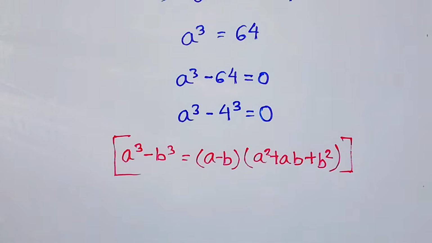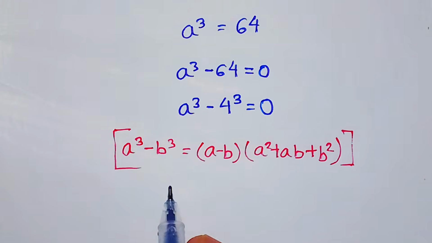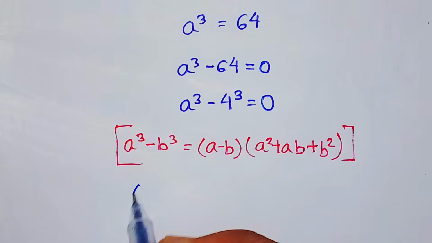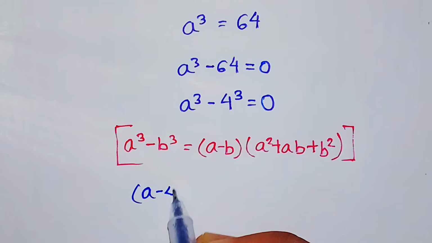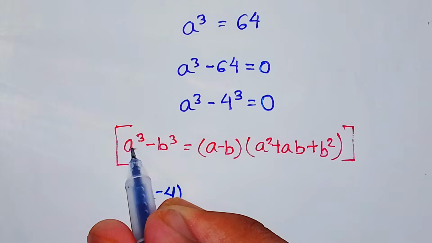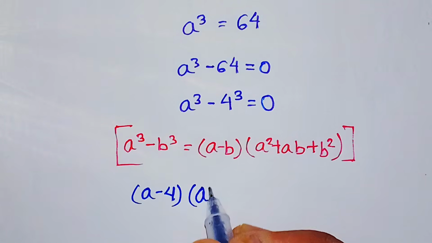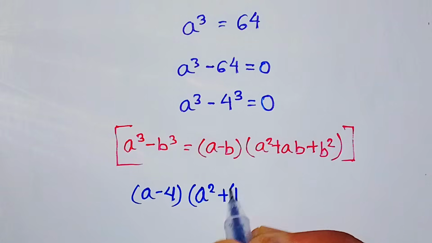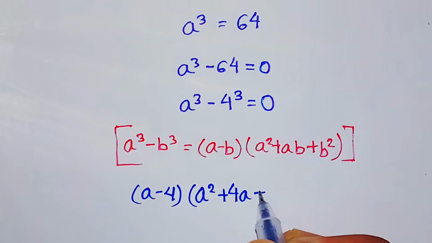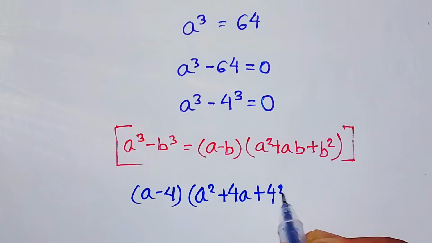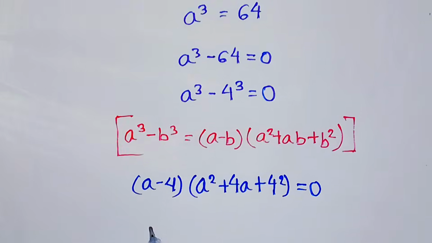After applying this formula, we will take a minus 4. Here a equal a, b equal 4, then bracket a square plus 4 times a plus 4 square equals 0.